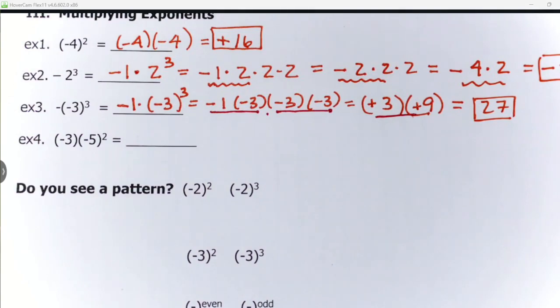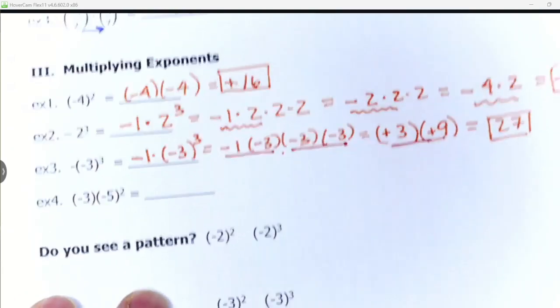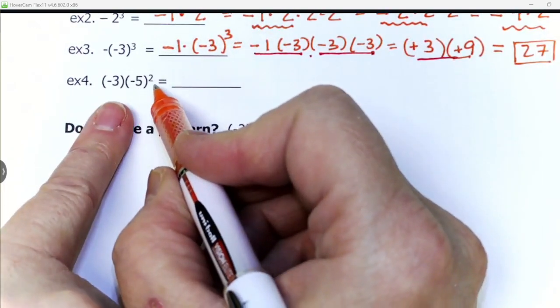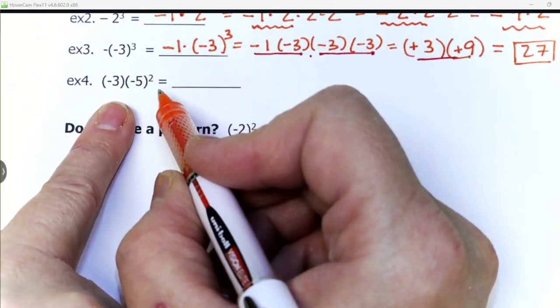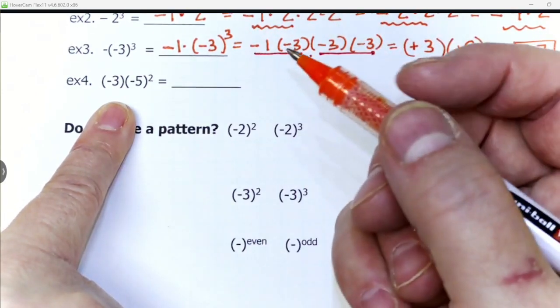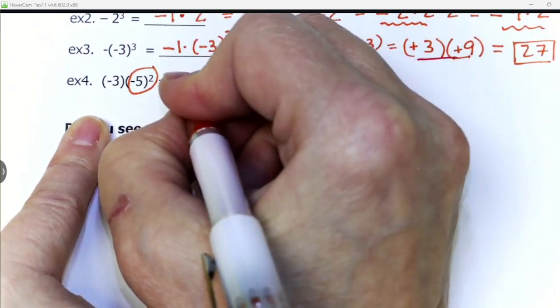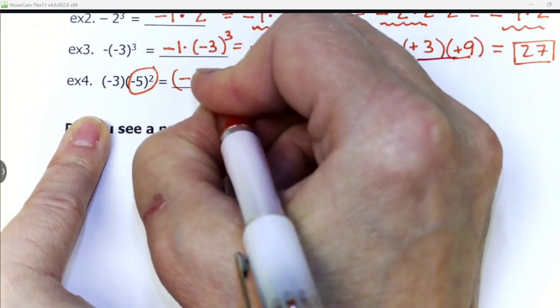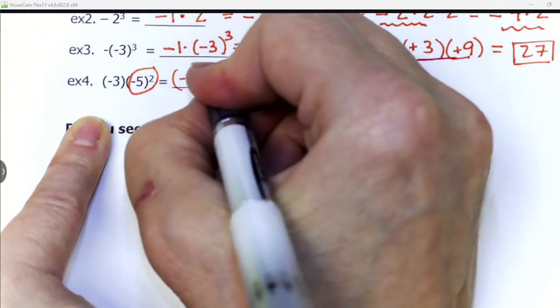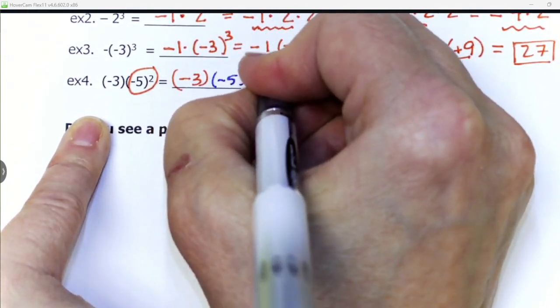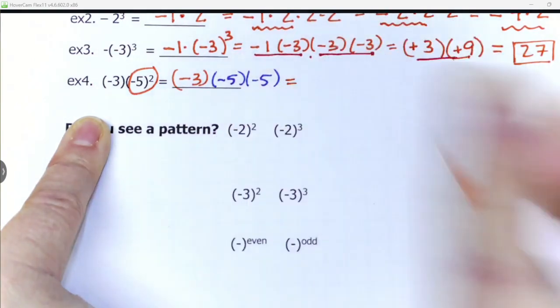All right, last one of these. I have a negative 3, and then a negative 5 squared. In order of operations, exponents go first, which means you have to do this part first. So I have a negative 3, and then the part we're going to do first is the negative 5 times the negative 5.